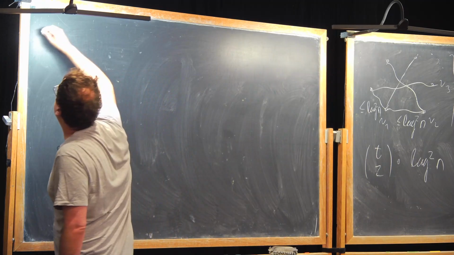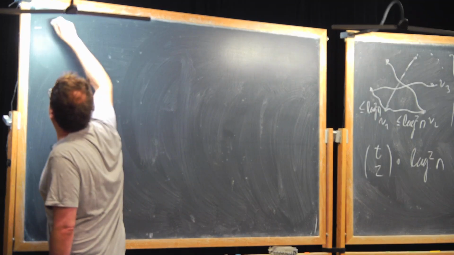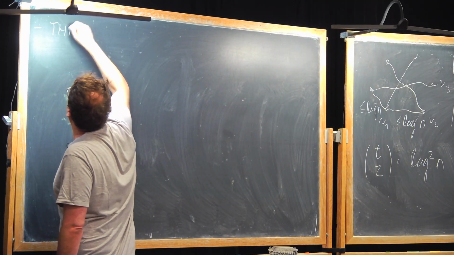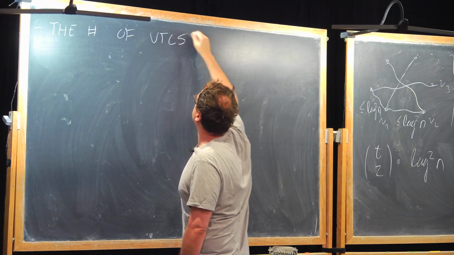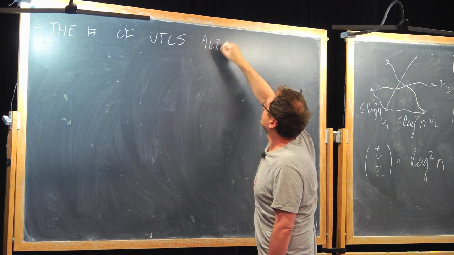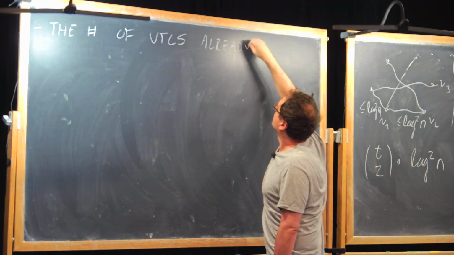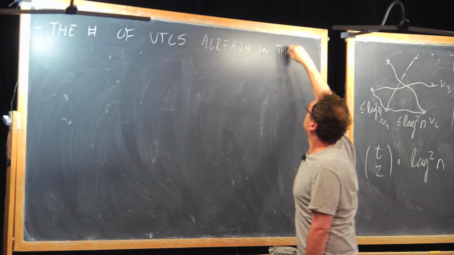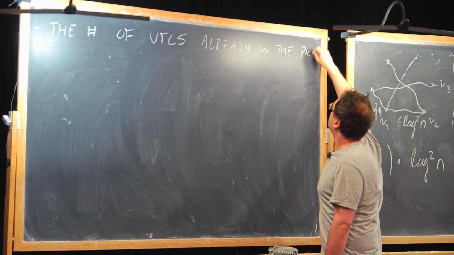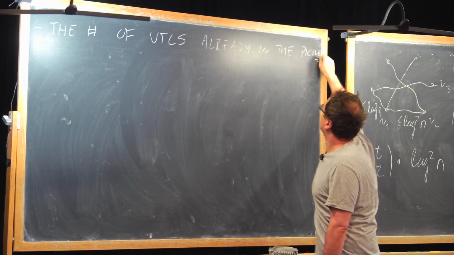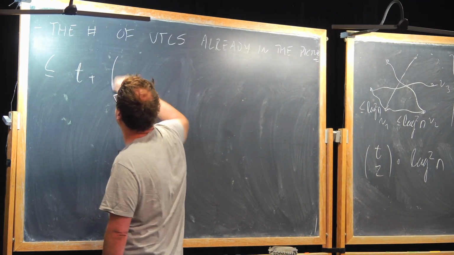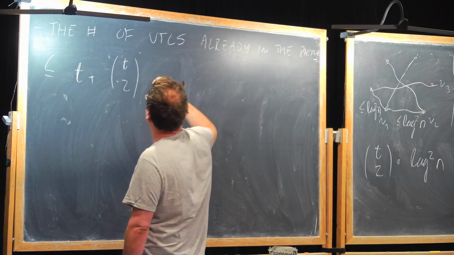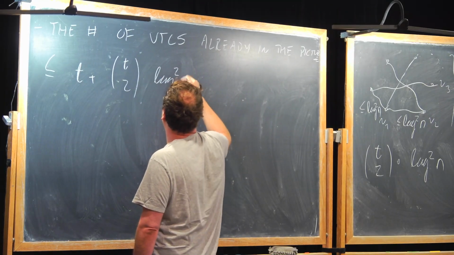So the number of vertices already in the picture is at most t plus t choose 2 times log squared.